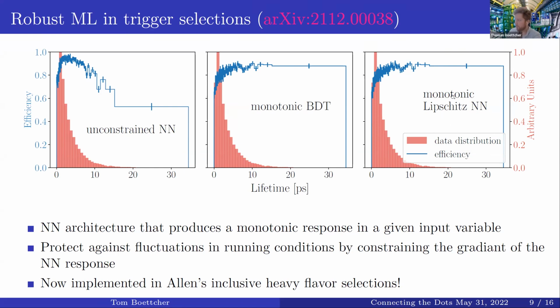This monotonic Lipschitz neural network has now been implemented in ALAN's inclusive heavy flavor selection. So this is really state-of-the-art machine learning research that is being used online to select heavy flavor decays with ALAN.